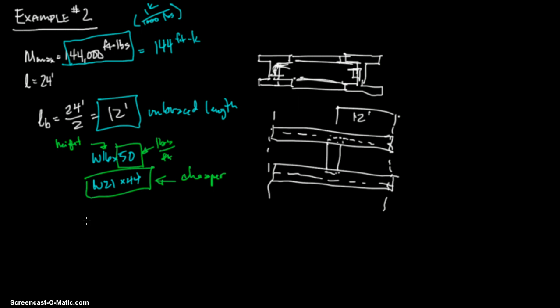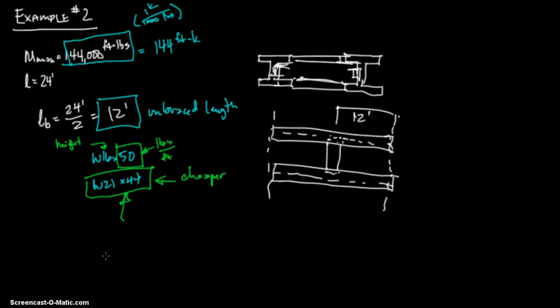Go to the unbraced length and use 0, which goes down to what? 4, I think it is. So use 4, see what it comes up with. Go up to 144 because we had the same moment. Go to the right and you see W21 by 44 is the first solid line you come to. And that is the most economical beam at that point.